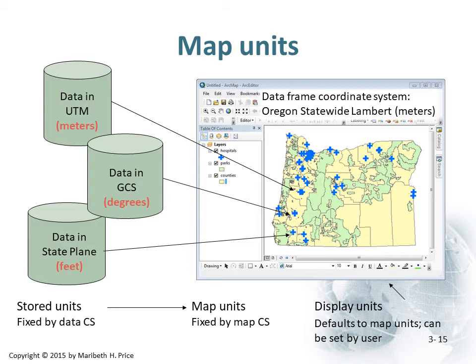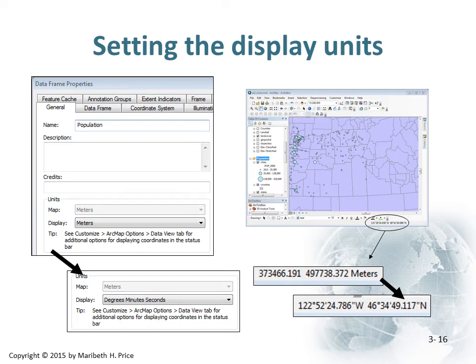And the third and last sort of units is the display units, and these are ones that you can set and change, and these are the ones that are displayed on the map or when you use tools to identify things on the map. You can go to data frame properties and set the display units, and they'll show up in the software in whatever form you set them.